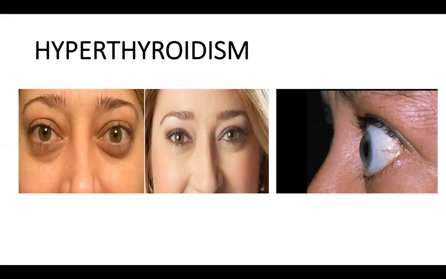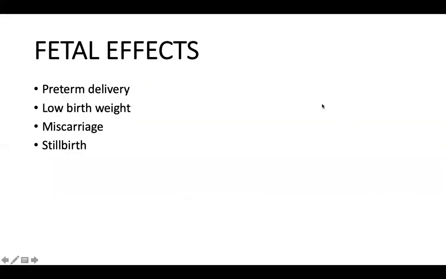This is one of the hallmarks of hyperthyroidism. Next slide. The fetal effects: preterm delivery may or may not be indicated. It may be spontaneous. There is also low birth weight, miscarriages, and stillbirth. Next slide.